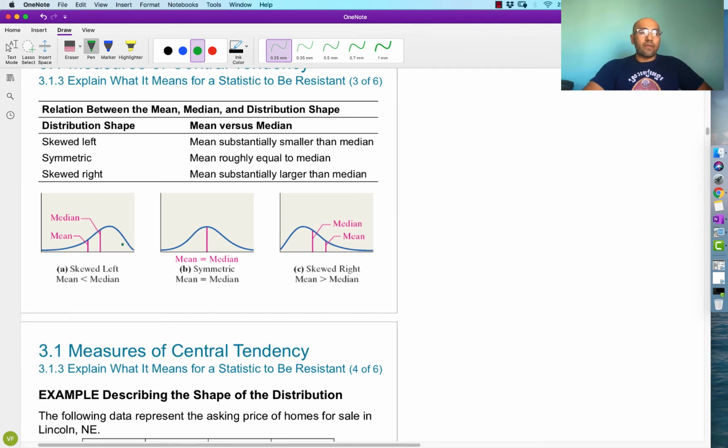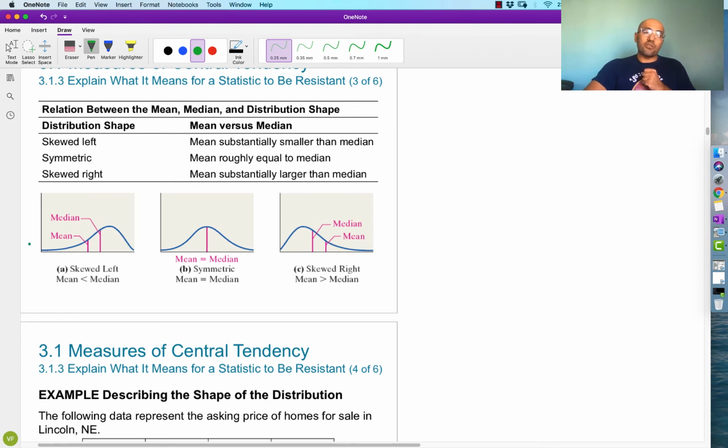Good. On the other hand, if we have a case like this, where there are a few extreme values to the left, and not as many extreme values to the right, then we say that this has a left skew, a left tail, right? And notice that the mean is more sensitive to those outliers. So it gets heavily impacted by those numbers, more impacted than the median.